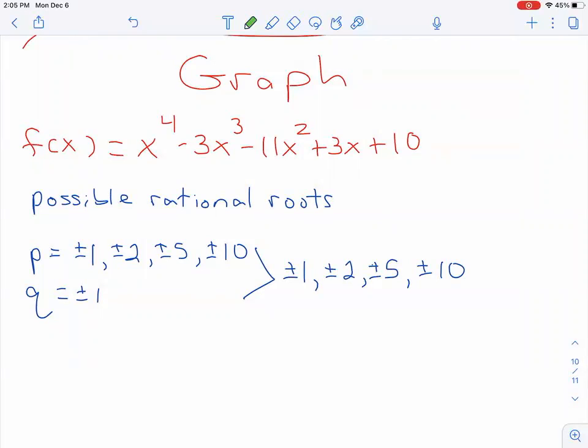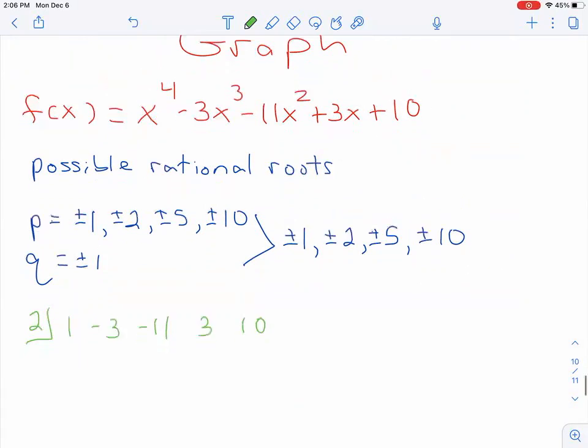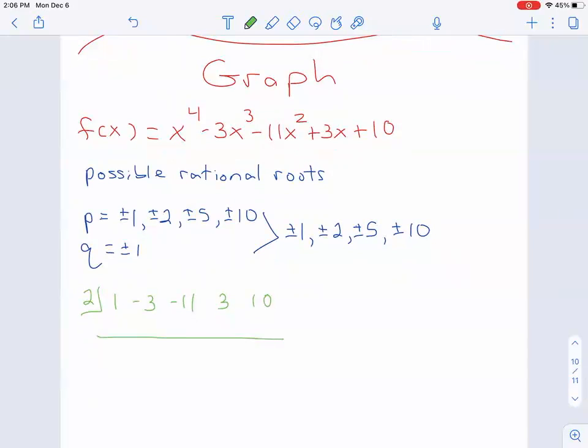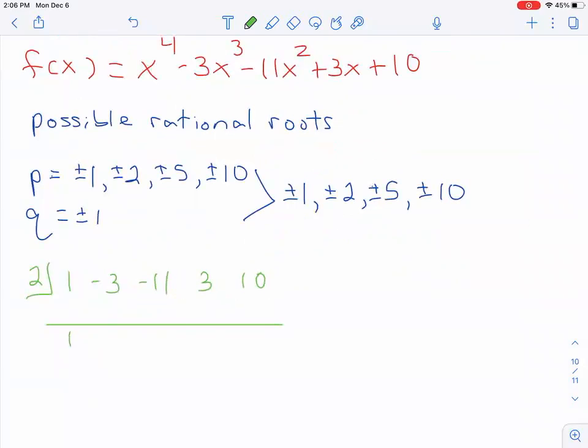Remember, when you do synthetic division, if it's a factor, you'll get a remainder of 0. You'll get 0 on the end. So for example, and I'm totally just going to guess one of these numbers. So I'll try 2. And I'm going to do synthetic division using these coefficients, which are 1, -3, -11, 3, and 10. All right, so to do these, I'm going to bring down a 1 first.